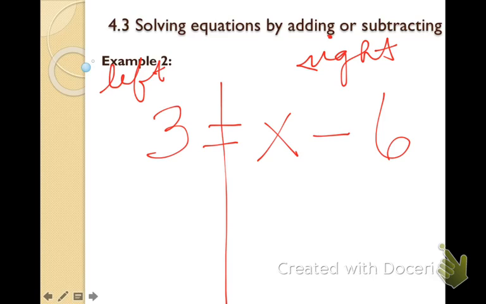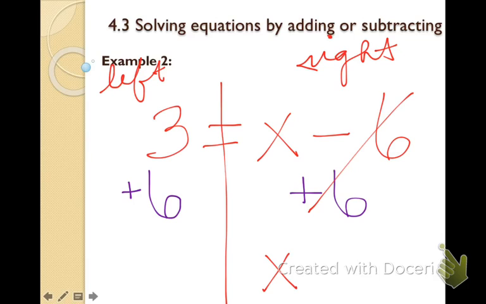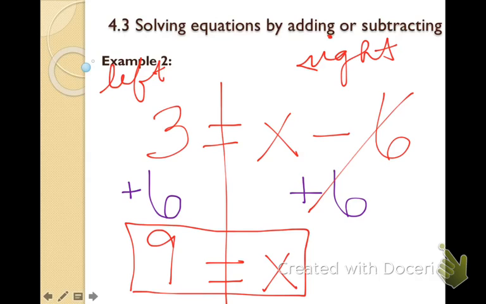The inverse operation of minus 6 would be plus 6. I need to do the exact same thing on the other side. I need to follow the golden rule. And now this equation simplifies to x plus 6 minus 6. Those cancel out. I'm left with x equals 9. Boom, there is my solution.